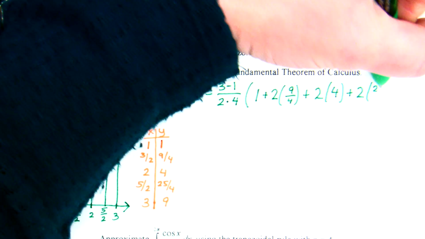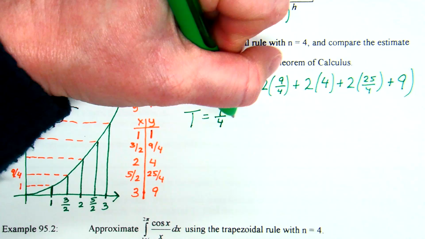If I clean this up, I have 1, 2 times 9 fourths, 9 halves, plus 8, plus 25 halves, plus 9.